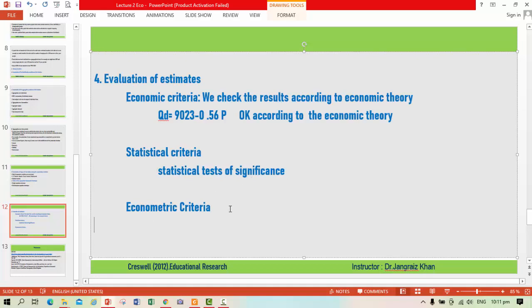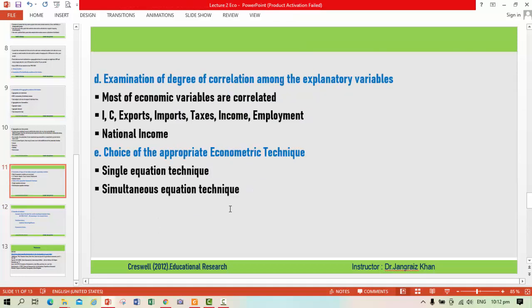The third criteria is the econometric criteria, in which we ensure that all the assumptions have been properly fulfilled. For example, one of the examples we discussed in the last slide was that you should not have a high degree of correlation among the variables.